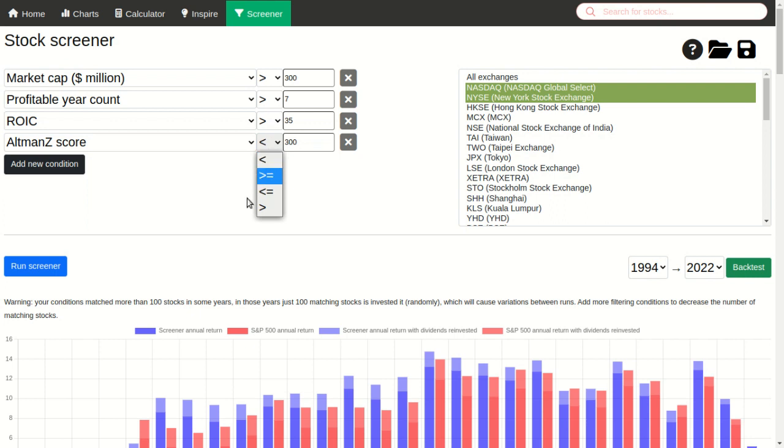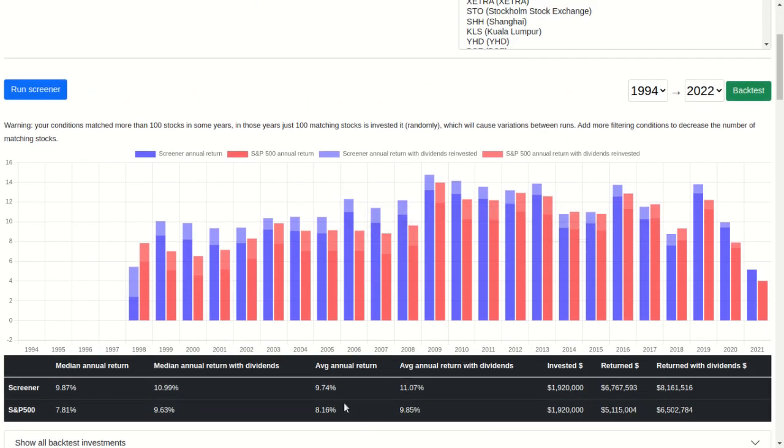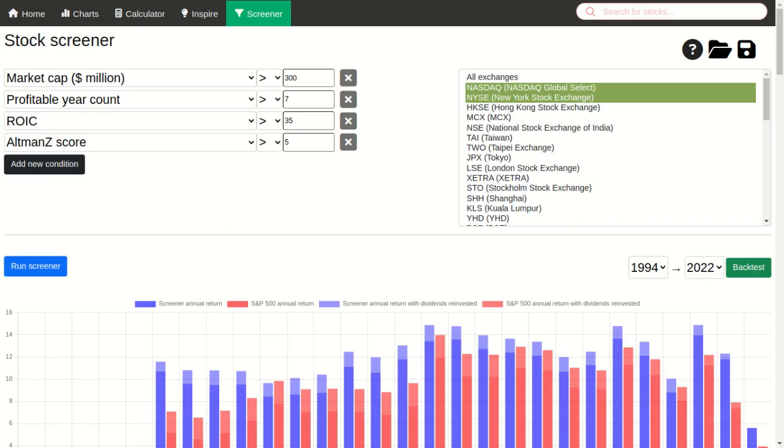However, if, let's say, we want larger than 5, so very financially stable companies, and if we do a backtest now, it was roughly 11% annualized return, and now we are up to 12% annualized return for both the median and the average.